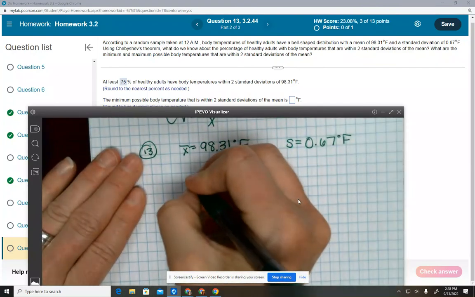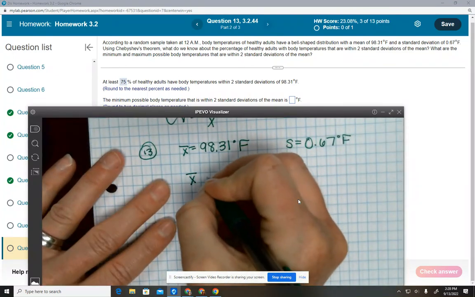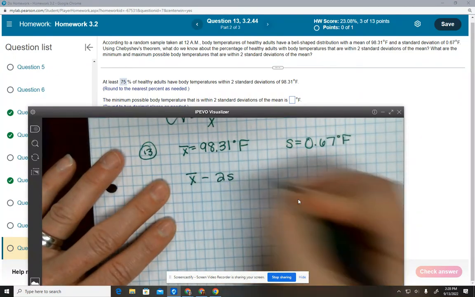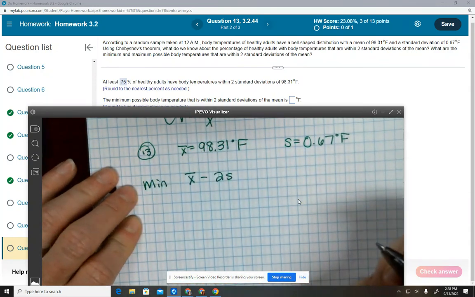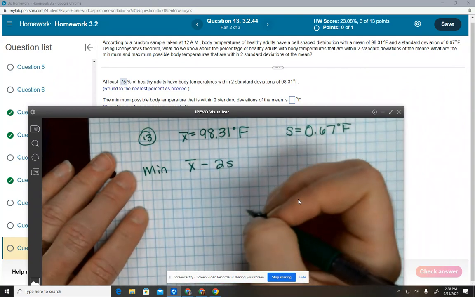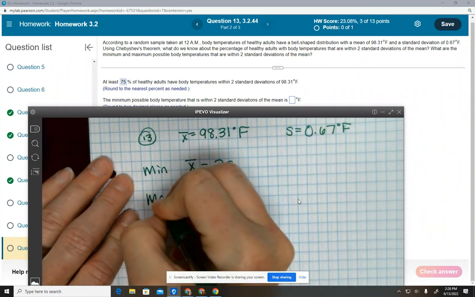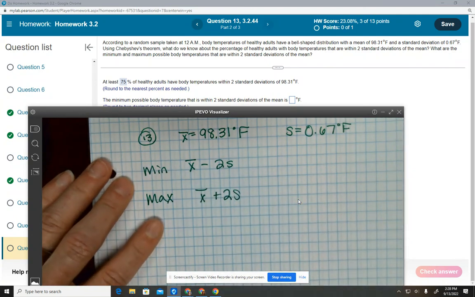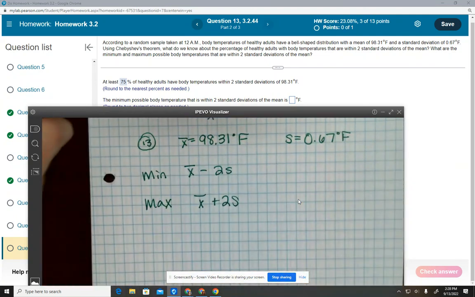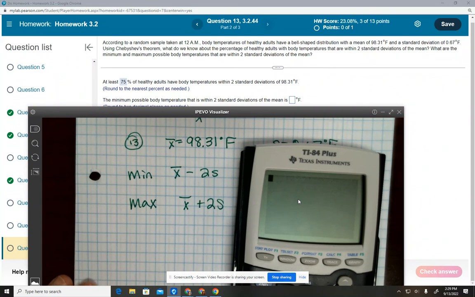So we're going to do x bar minus 2 standard deviations for your min possible values, and then your max possible values is going to be x bar plus 2s. So you're going to use these two numbers that they gave us.